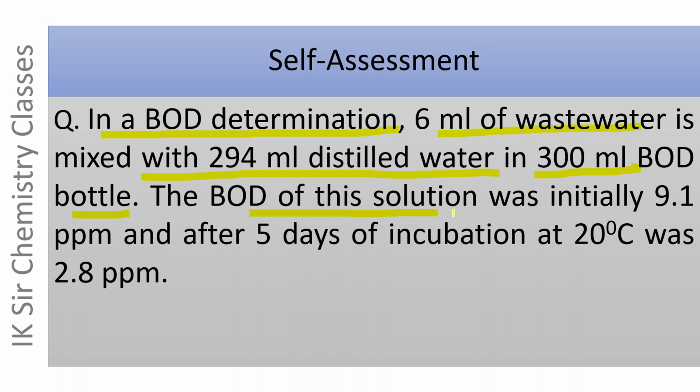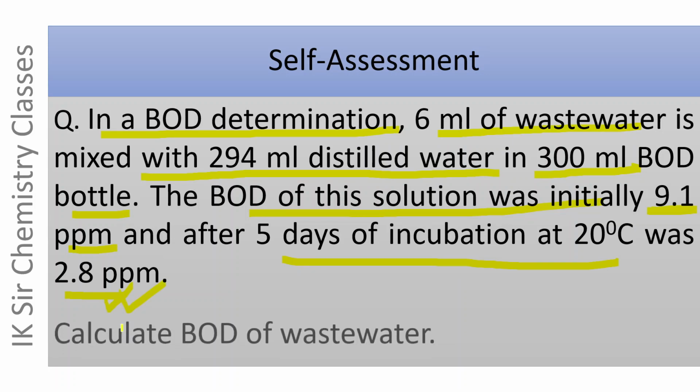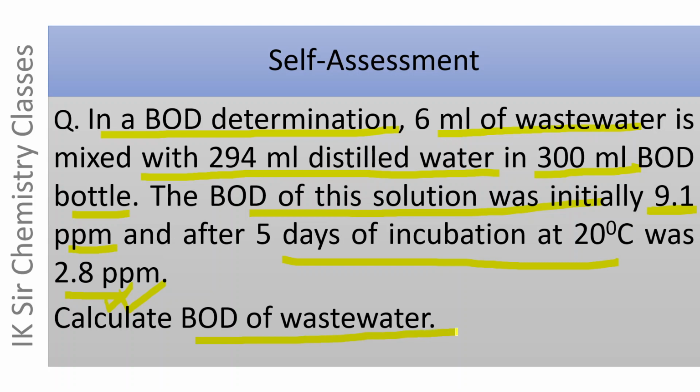The dissolved oxygen of this solution was initially 9.1 ppm, while at the end of 5 days incubation at 20 degrees centigrade, the dissolved oxygen level was 6.8. Then calculate the BOD of the water sample.